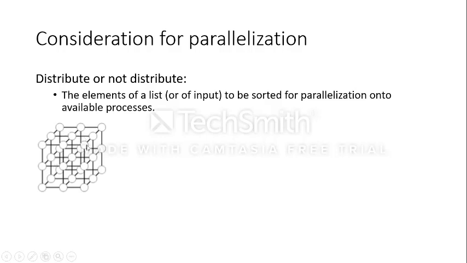But if we assign these elements onto some other mesh, then it may be problematic. Suppose we want to sort the 20 elements on a two-dimensional mesh having 16 nodes, then it will not be an easy task.